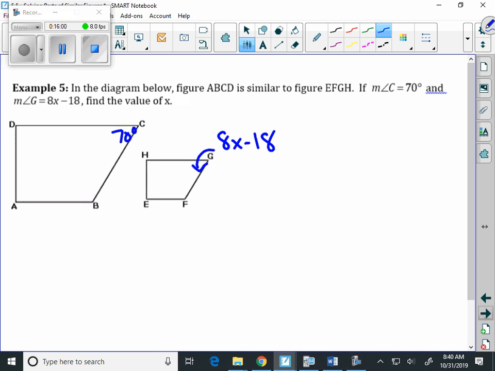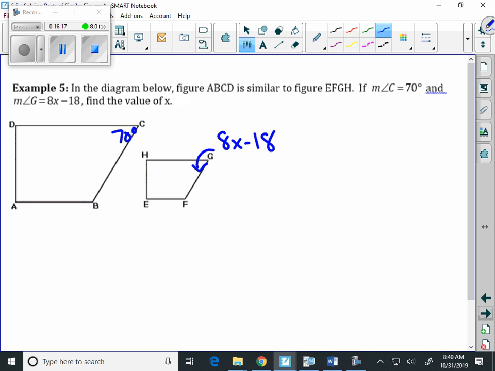We want to find the value of x. The thing about angles in similar figures is the angles don't change values. It's the sides that are proportional. The angles stay the same.